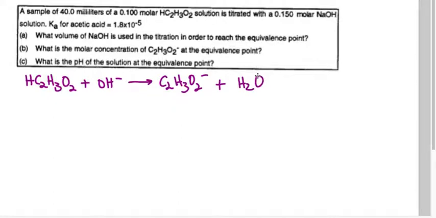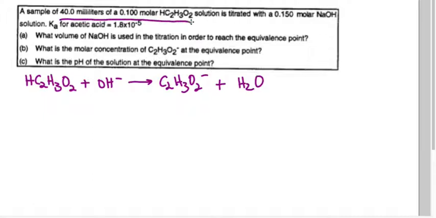Now the next thing to do is, since this is a titration problem, this is basically a stoich table. What do we mean when it says reach the equivalence point? What's true at the equivalence point of a titration? OH and acid have the same moles. So, do I know the moles of at least one of these? I must. Which one?